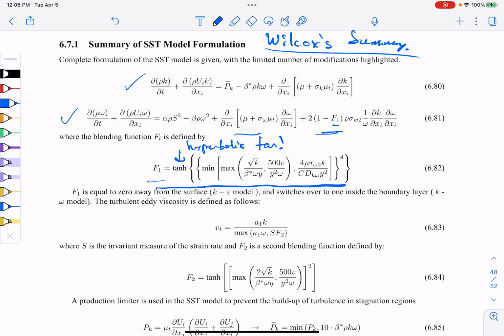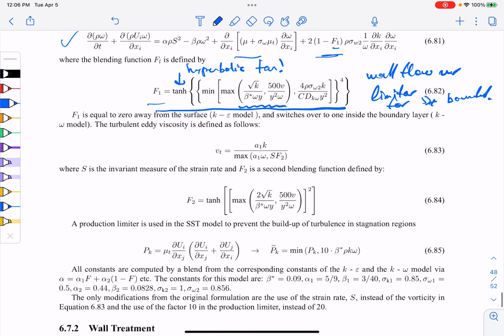And these are terms which were calibrated against wall flow with that limiter for an eddy viscosity that's bounded. And these are the other terms in the model. This is the form for F2.